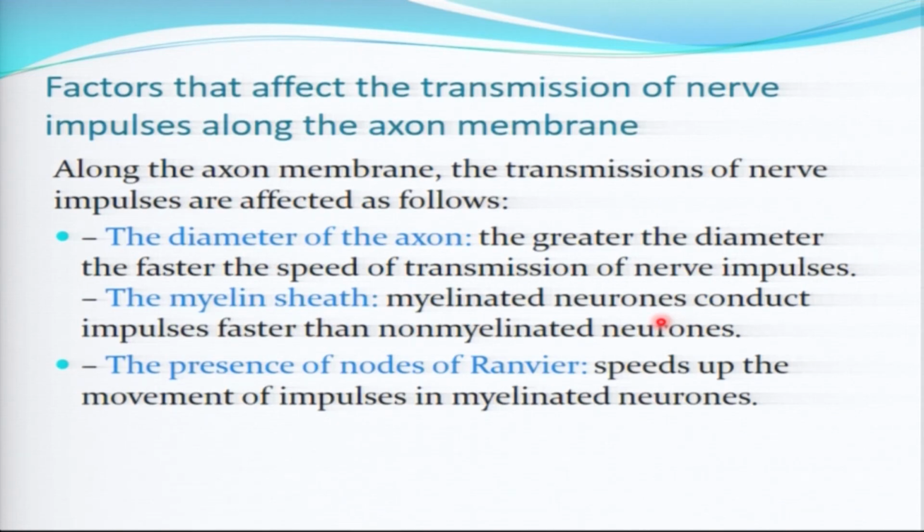When the impulse is there in the axon, it is insulated, and when it is insulated, it can move faster. Another factor is the presence of nodes of Ranvier. As I have said, nodes of Ranvier speed up the movement of the impulse. So this one we have seen.